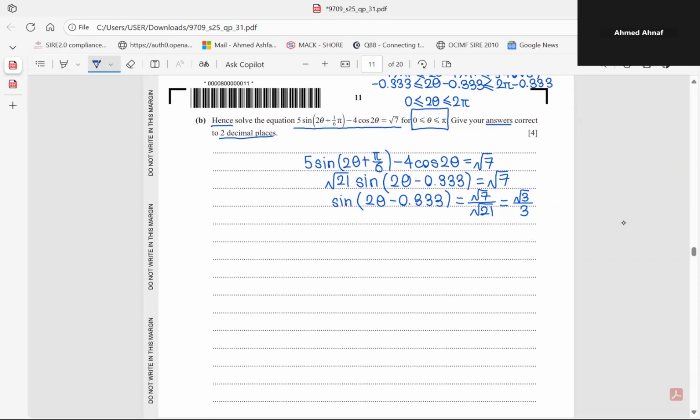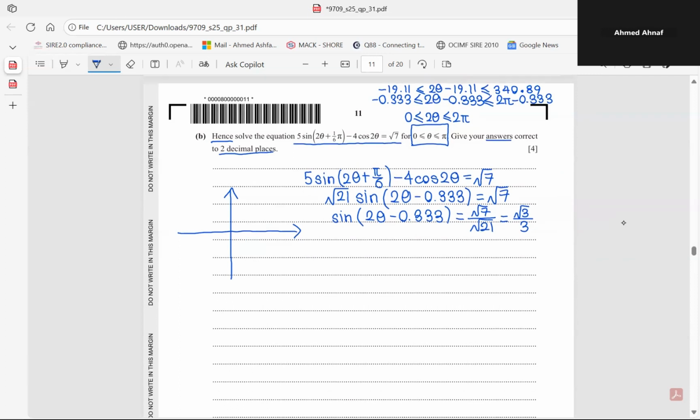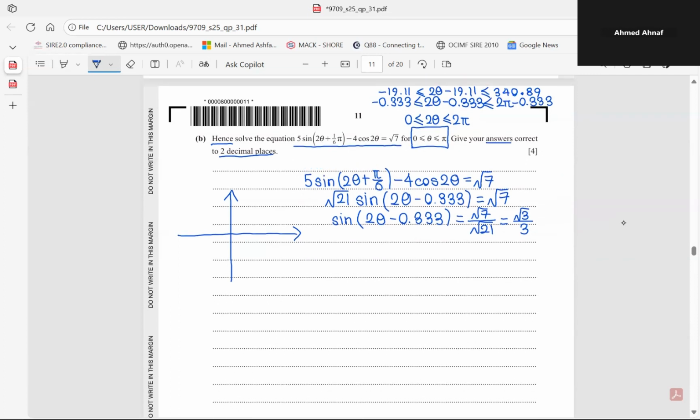Okay, let's draw our unit circle and see which parts of the unit circle our range covers. It starts from −19.1, in the fourth quadrant, all the way to 340.89, which is well into here.